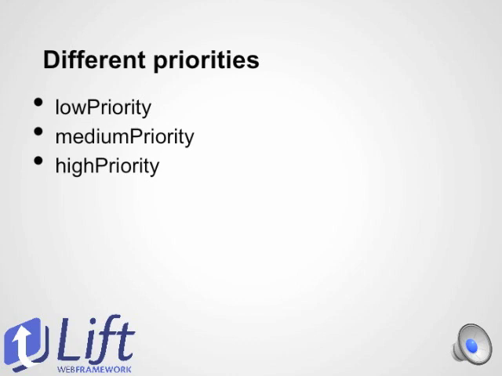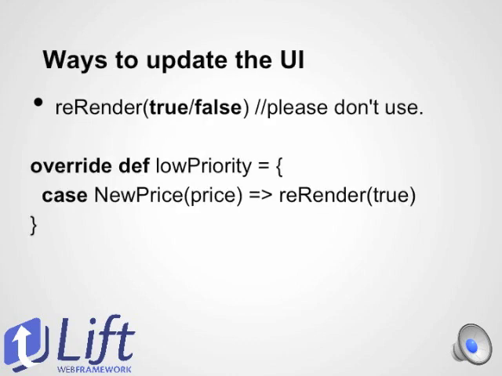I said before that if you want to update the UI in the browser, you can use partialUpdate, which takes some JavaScript. There's another way to update the UI, which is by calling reRender. reRender takes one parameter, a Boolean value, true or false.